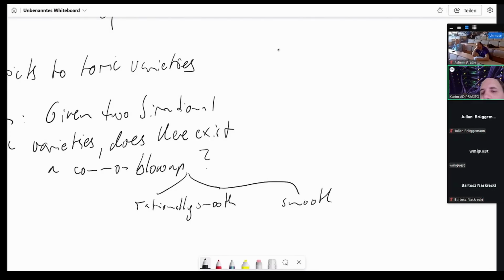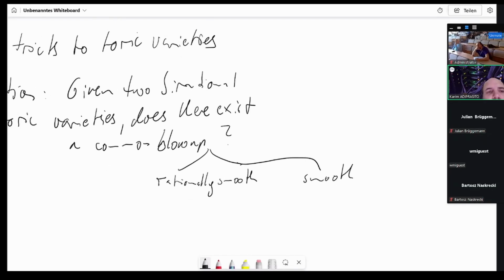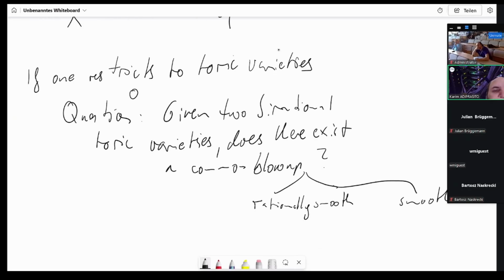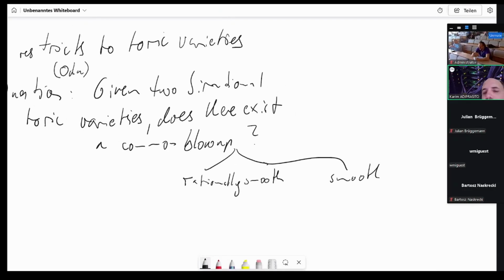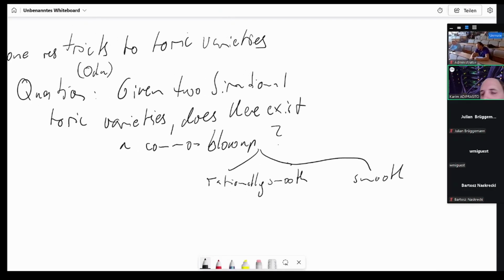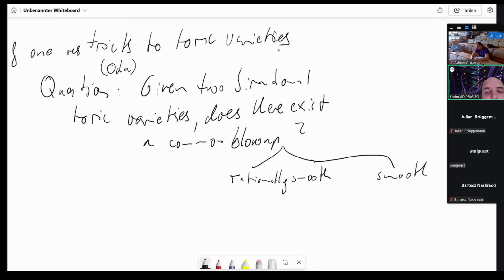These are two variants of the question. This is by Tadao Oda, and the second is a much more recent version of the question. In particular, Tadao Oda is still alive.